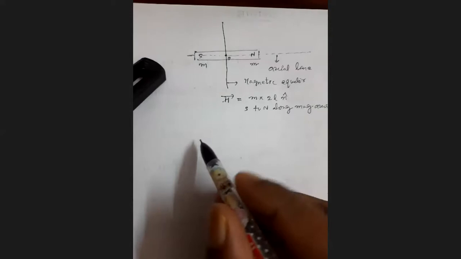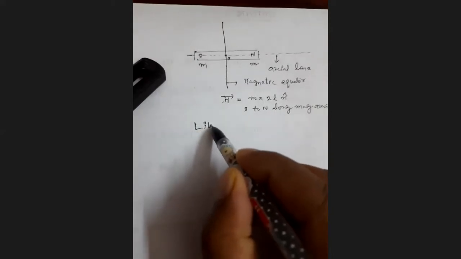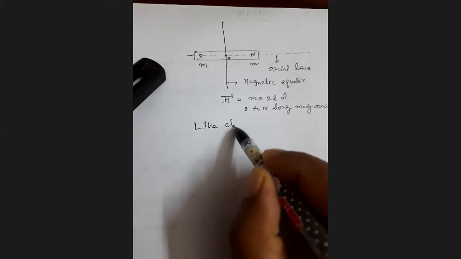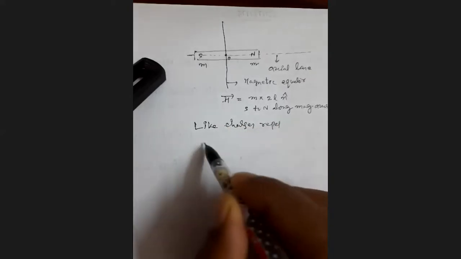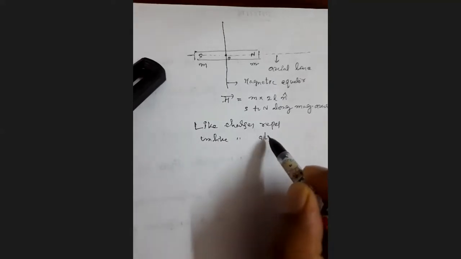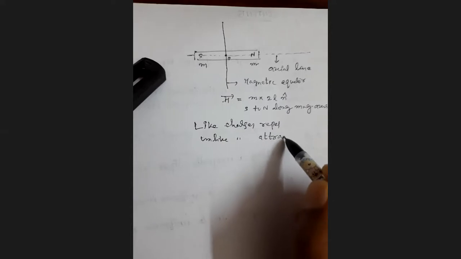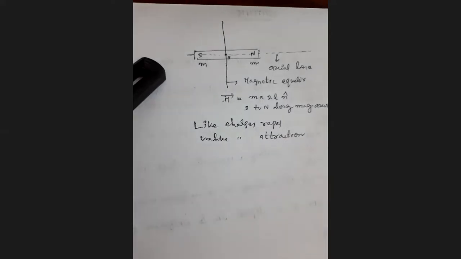Now let us see what is Coulomb's inverse square law. We know that like charges repel and unlike charges attract each other. Therefore, there exists either an attraction or repulsion force between any two magnetic poles.